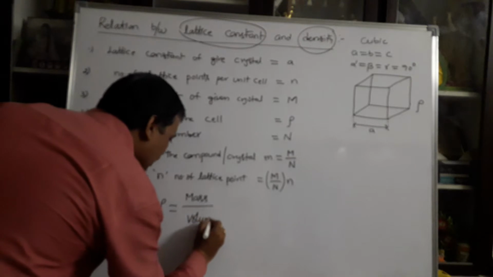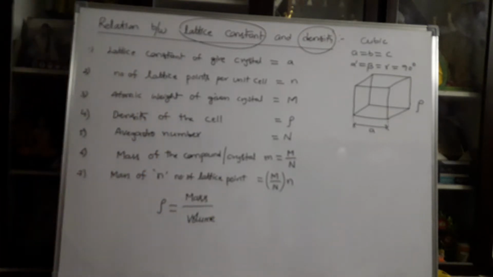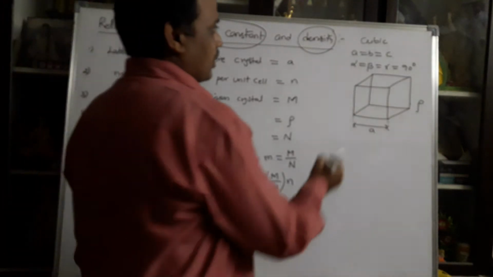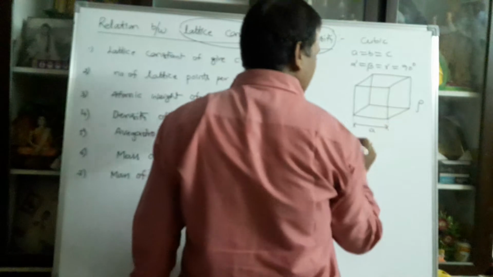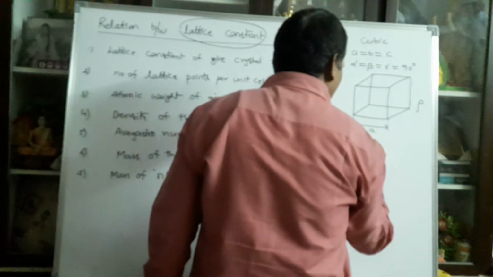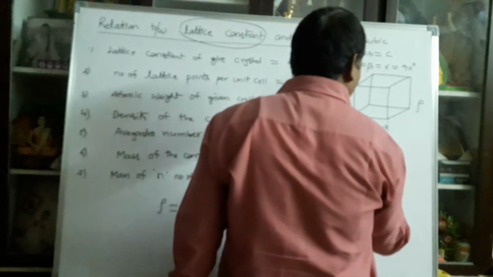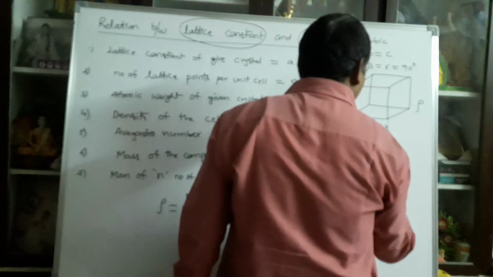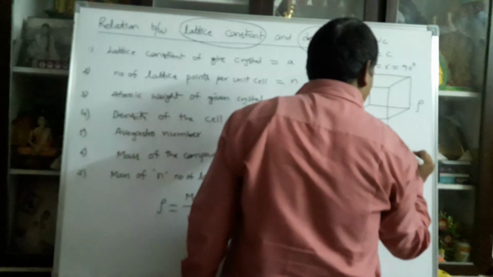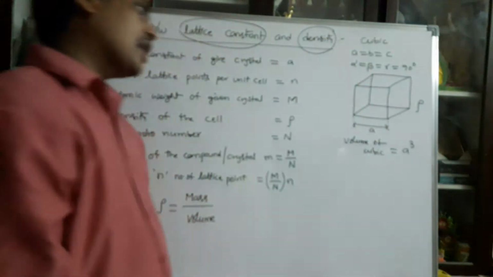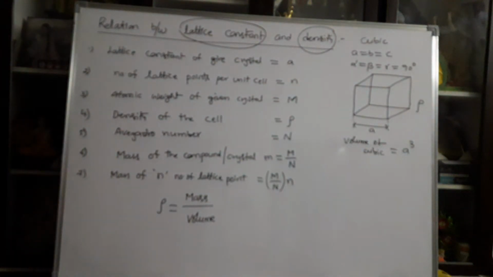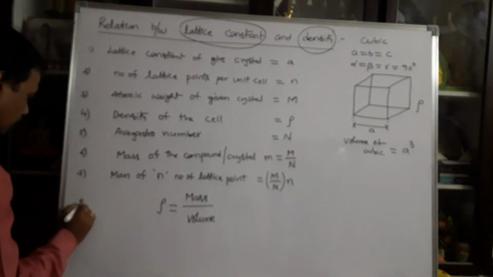Here the structure is cubic, so what is the volume of the cubic structure? The lattice constant is a, so volume can be taken as length into breadth into height, that is a cubed.